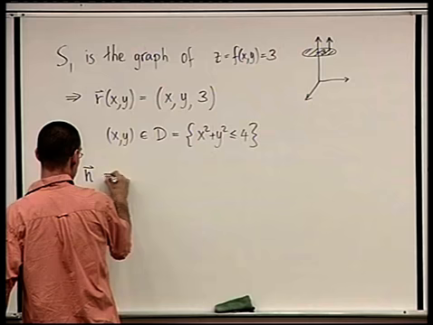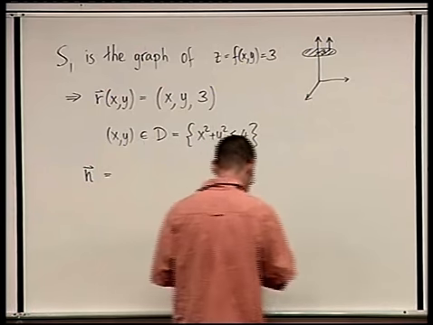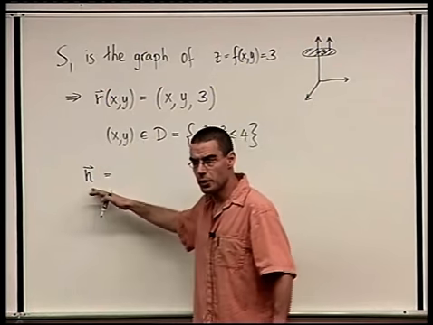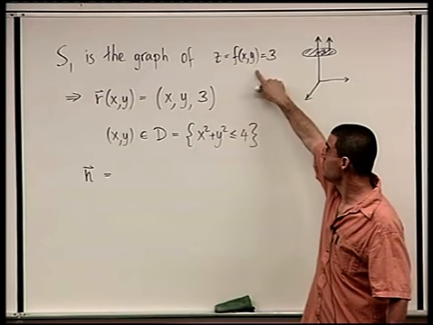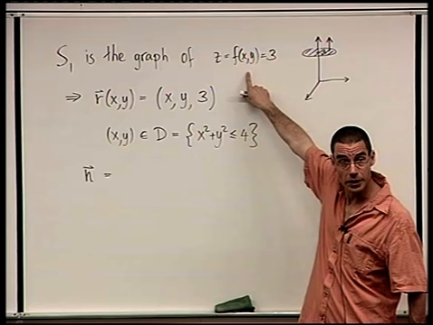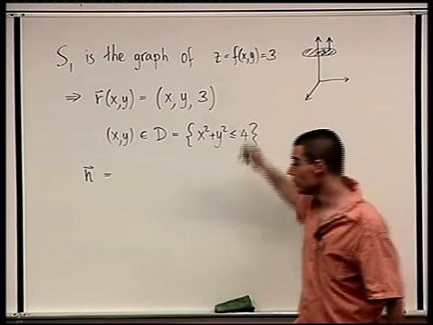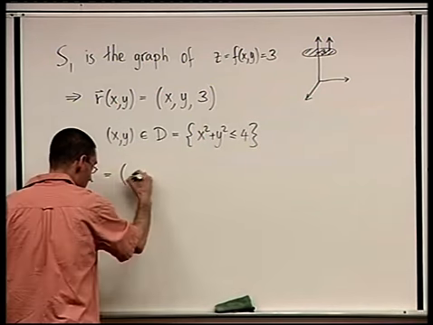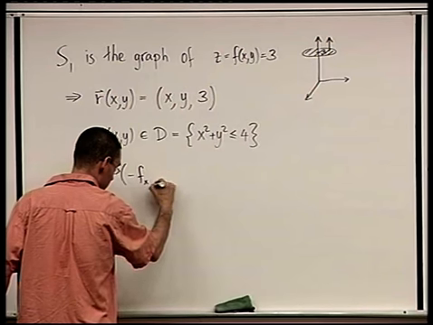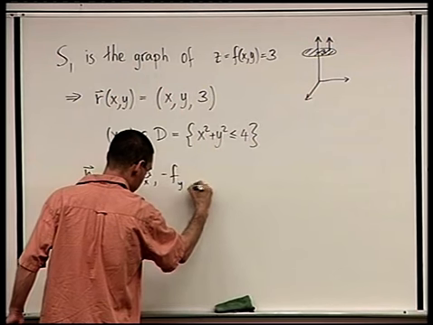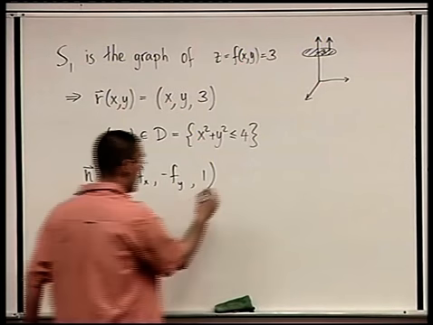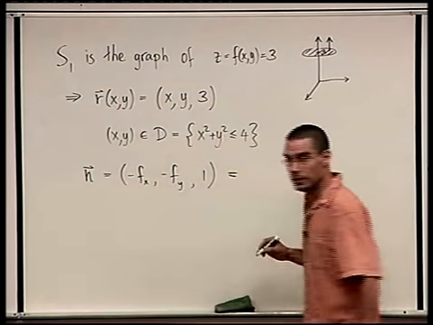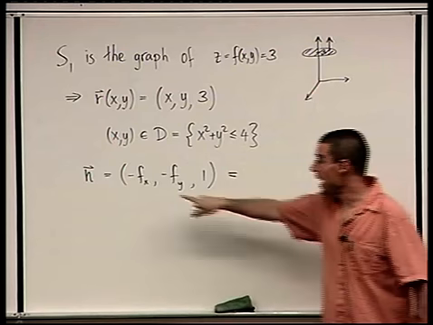Do you remember what the normal is when the parameterization uses the fact that it's a graph of a function? We discussed it a couple of clips ago. The normal is minus f_x, minus f_y, 1. Remember that? So in this case, what's f?